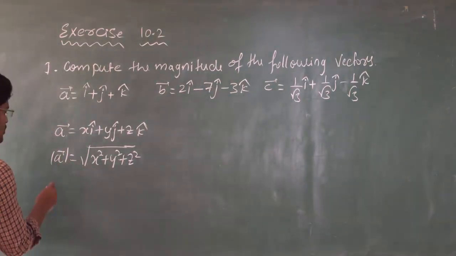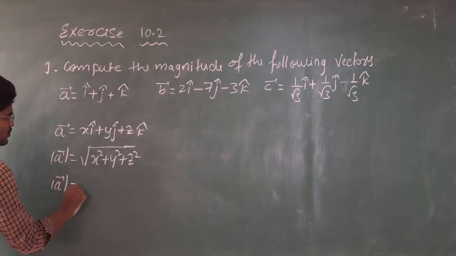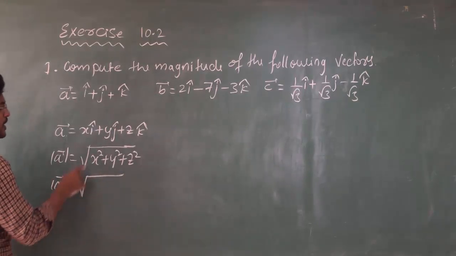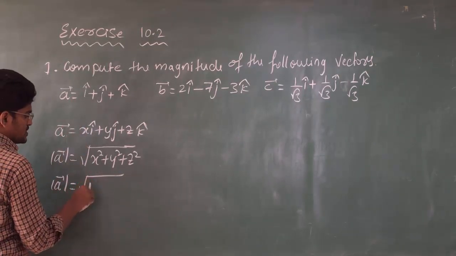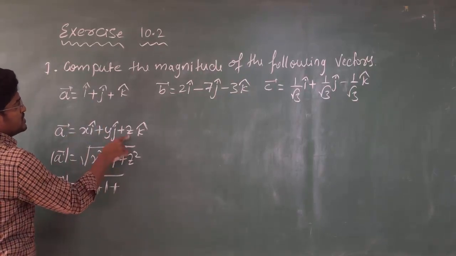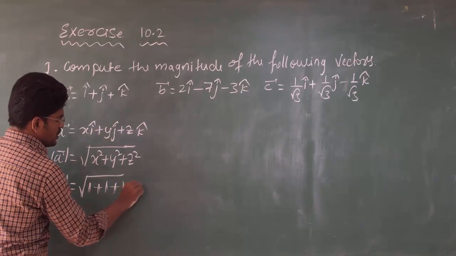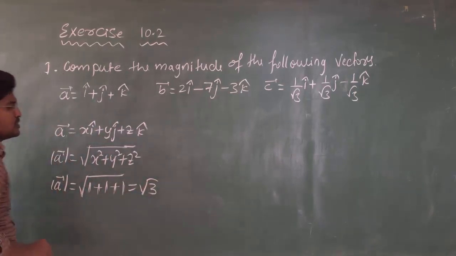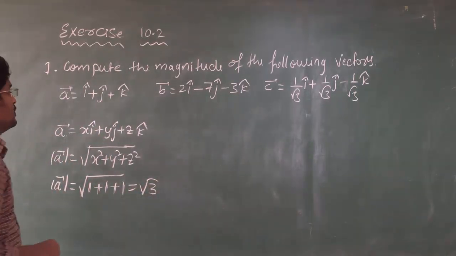If I use this formula, the magnitude of vector A will be equal to what? Square root of x value is 1, 1 square is 1, y value is 1, 1 square is 1, z value is 1, 1 square is 1. So the answer will be root 3. Clear?